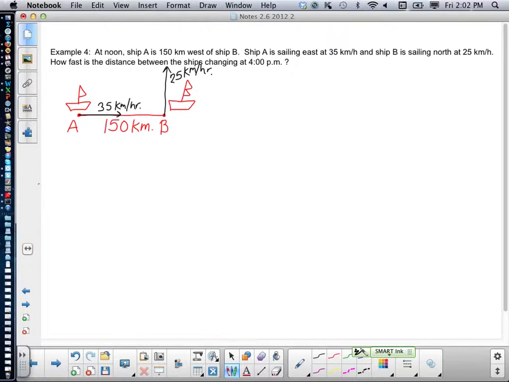So 4 hours later. See if you can envision this. I'm going to draw this a little bit separate. Here's ship A, here's ship B. While ship A is traveling this direction, ship B is traveling this direction. So there's some distance between them. Then ship A continues to travel, and ship B continues to travel, and there's some distance between them.